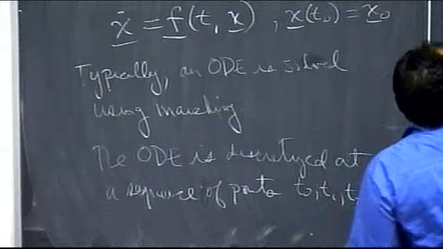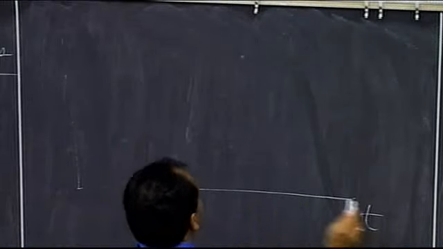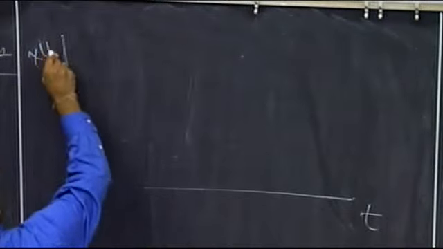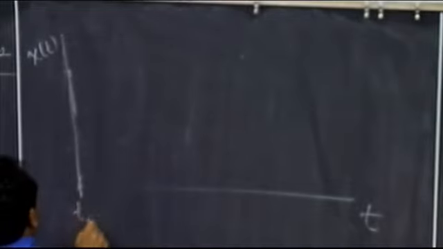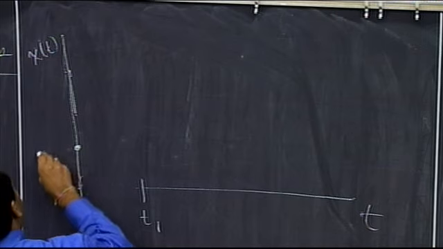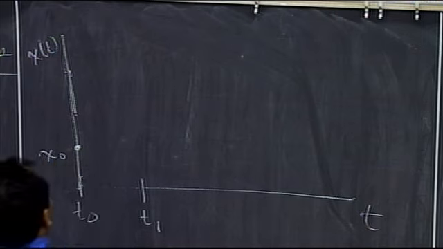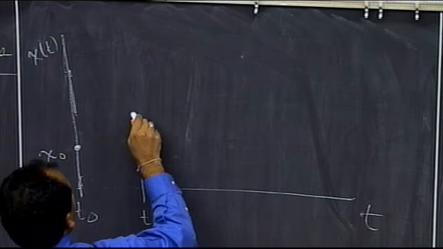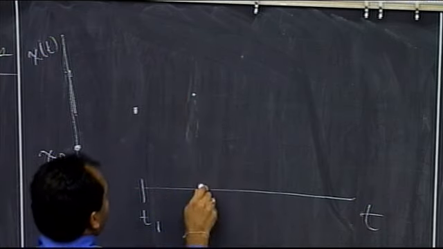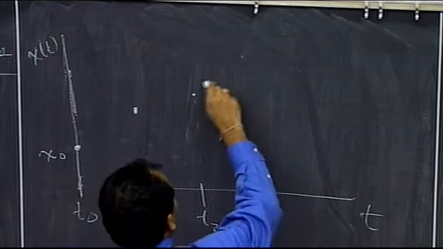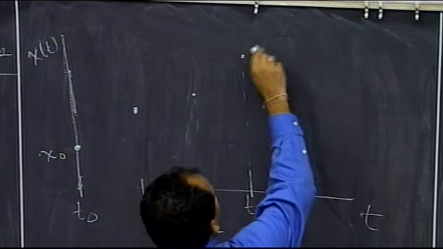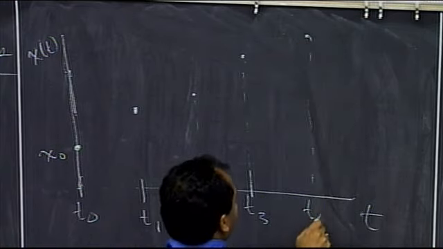So essentially you start at t0 and you take a step to t1. There's your initial condition, x0. You take a step, and you somehow get yourself to a value, x of t1, then to a value, x at t2, and you keep doing this, t3, t4, etc.